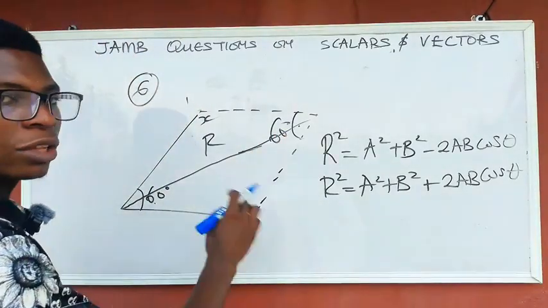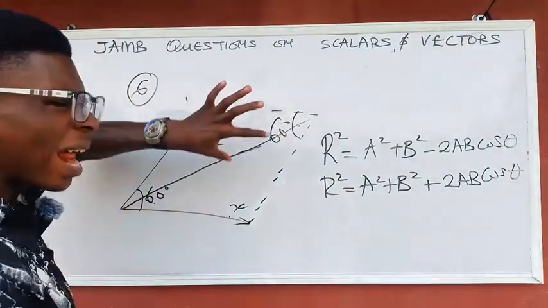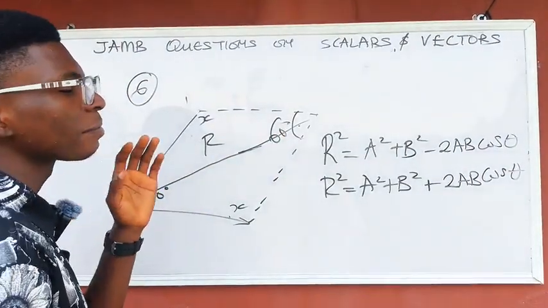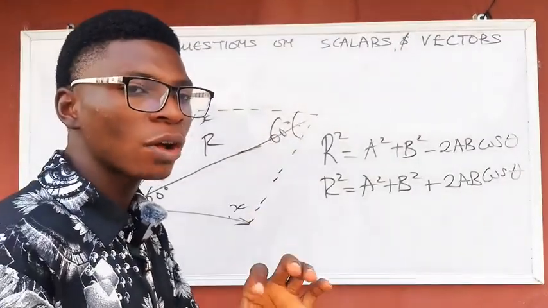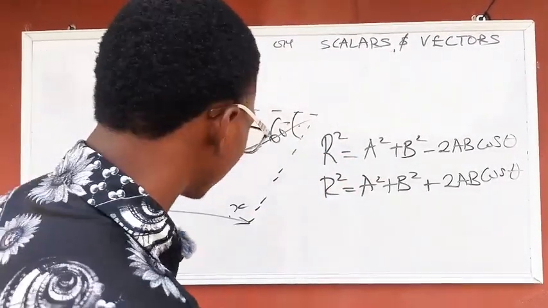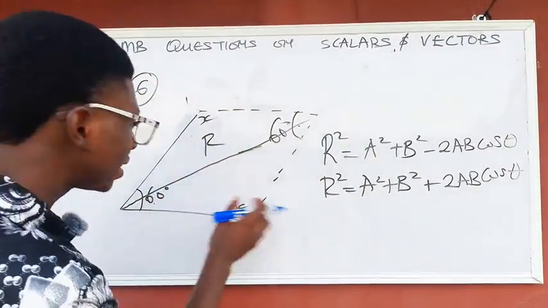plus 60 plus 60, 120, equal to 360, because of the sum of all angles in a quadrilateral. Quadrilateral means shapes with 4 angles or 4 sides. So the sum of angles in this parallelogram will be 360.